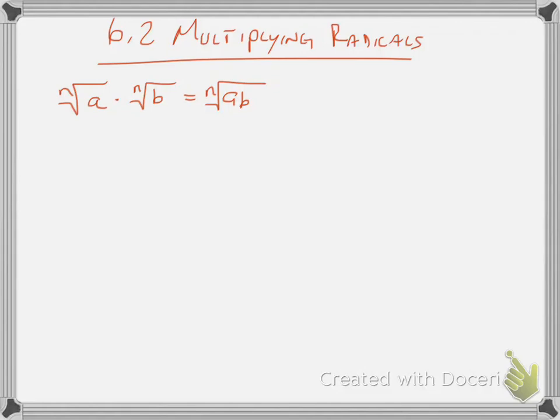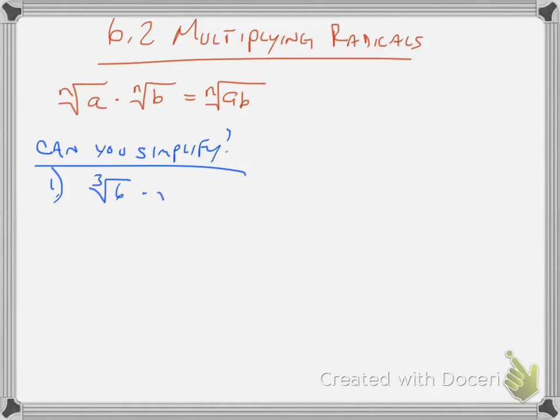So first one, just going to ask, can you simplify? Can I multiply the cube root of 6 times the square root of 2? That would be no, because the roots are different.